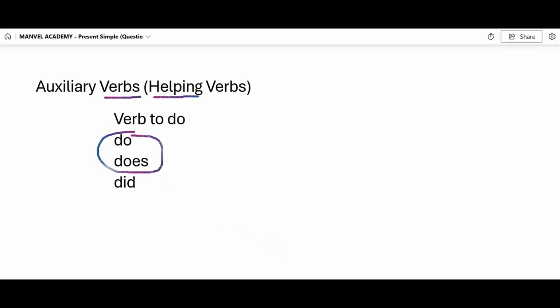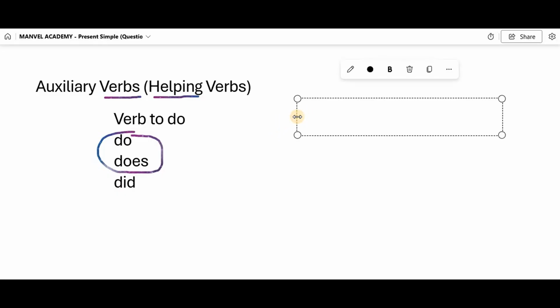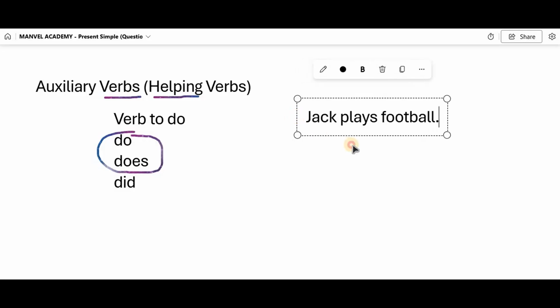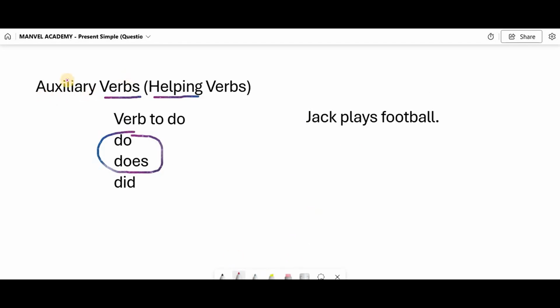All right. If I have a sentence and I told you, Jack plays football. Now, you need to know something: auxiliary verbs must be visible, meaning I have to see them in the sentence.